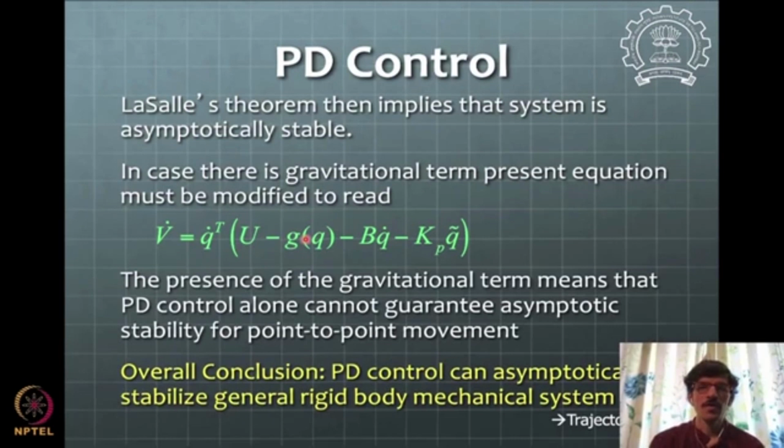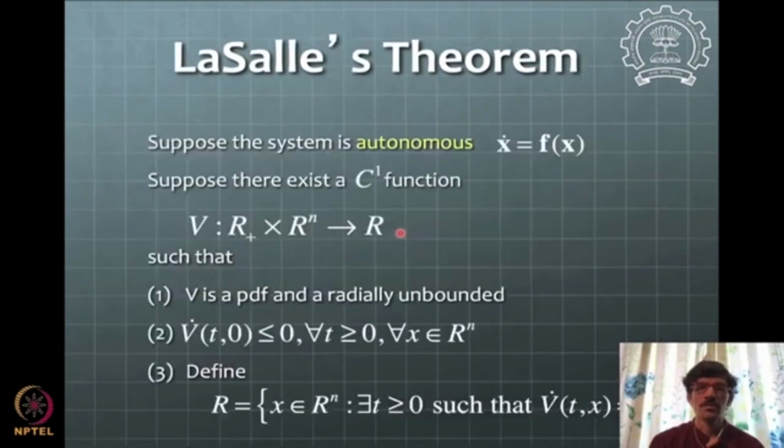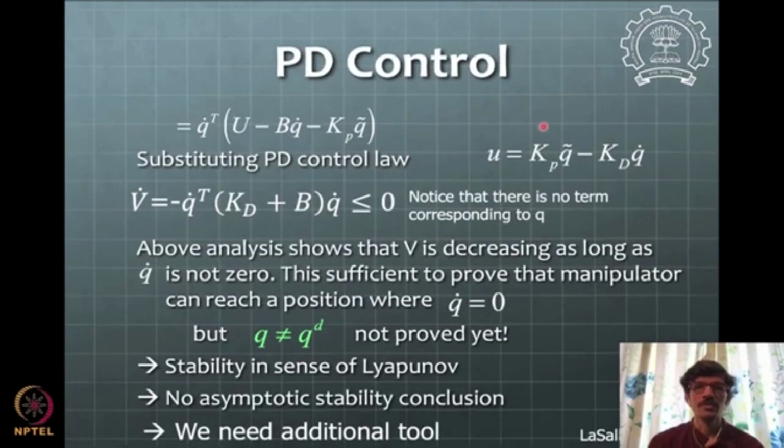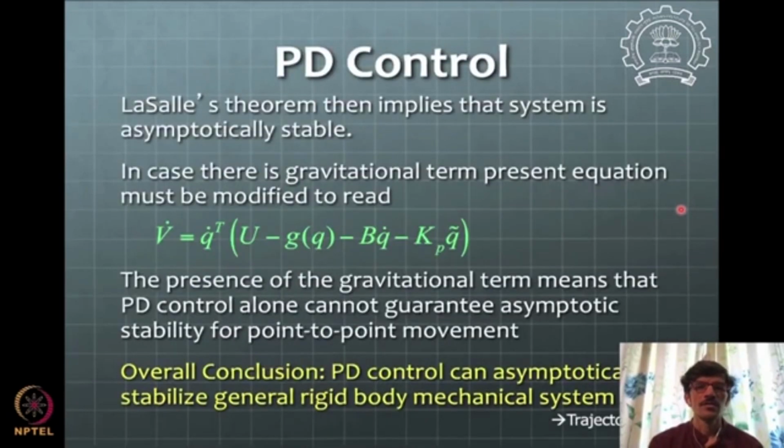So we can have all the terms that were there in the u before, kp q tilde minus kd q dot, plus now there will be a g of q term coming up here. If that term is added to my u, then this will compensate for that in the v dot, and the v dot expression will become similar to what we had before. So this is how we handle that.